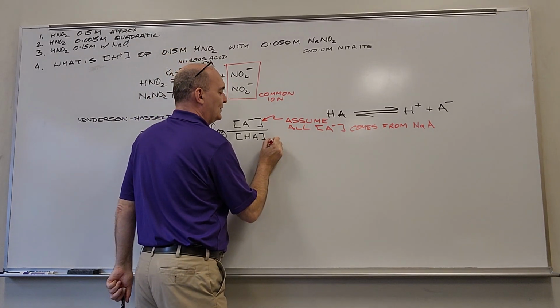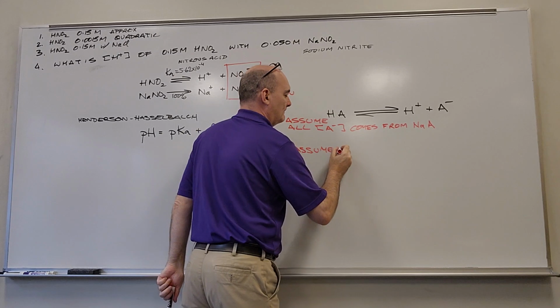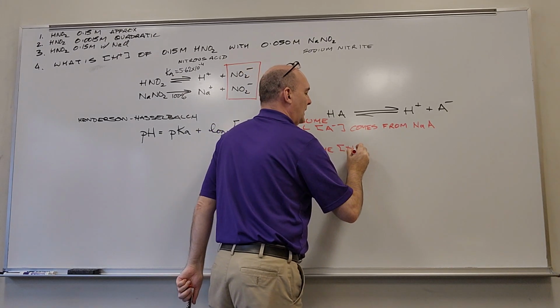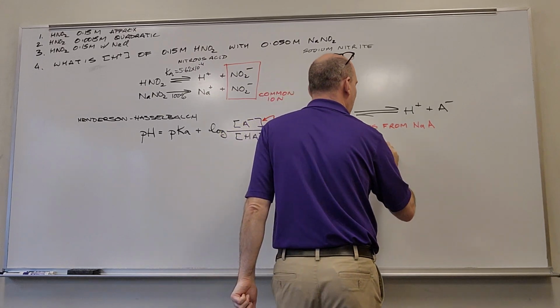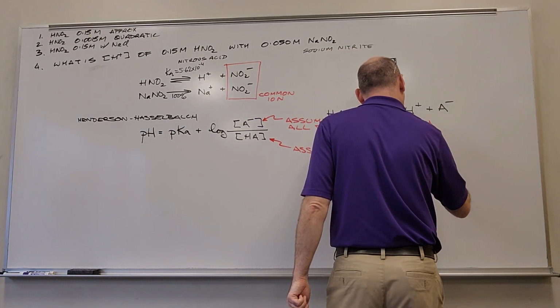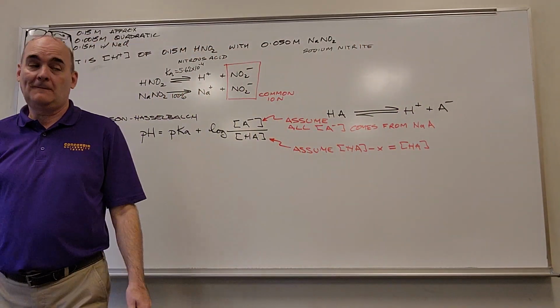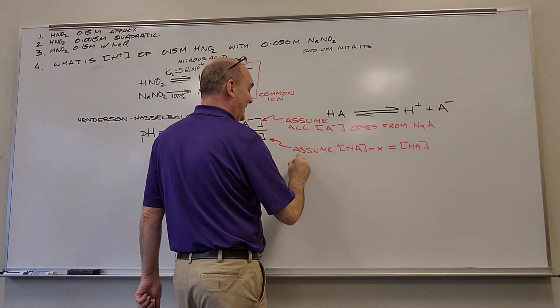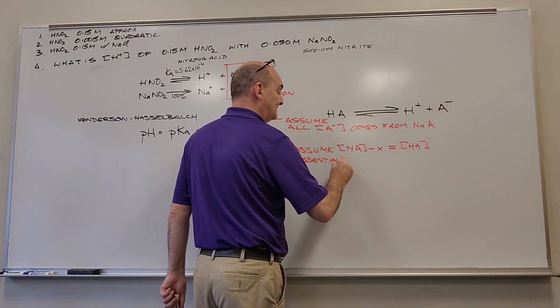And then I'm going to assume that the HA minus X is equal to HA, saying that the Ka is small and that this is essentially undissociated.